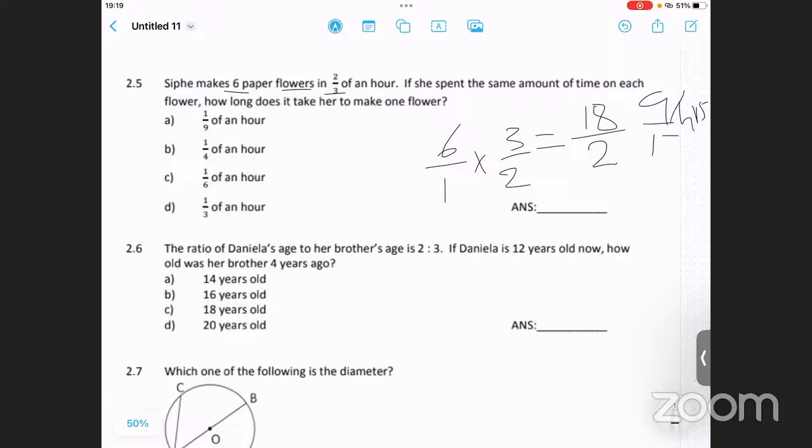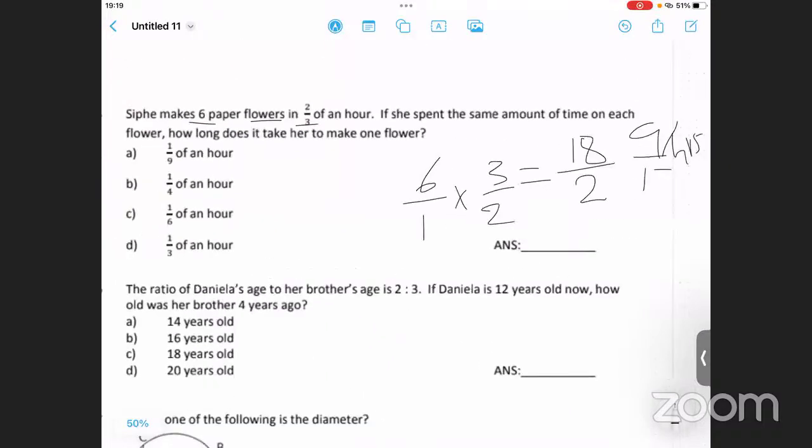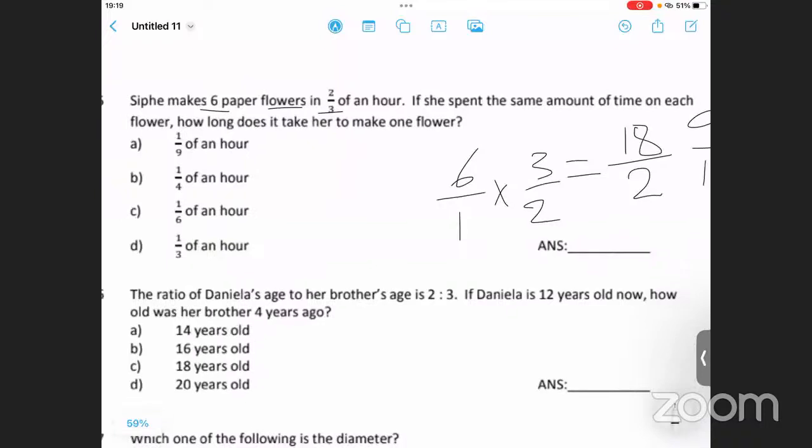And so what you're going to do here, basically what they're saying, is this person takes 2/3 of an hour to make 6 of the paper flowers. Now they want to know how much time she spent if in that 2/3 of an hour she spent the whole of it on this one.